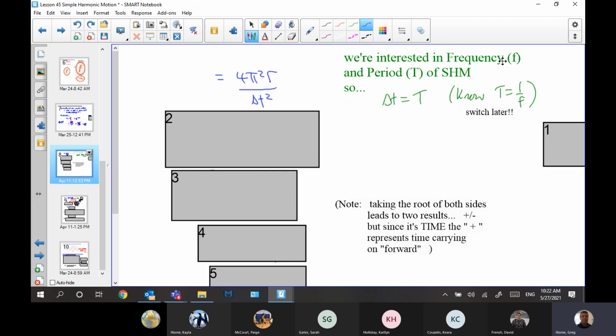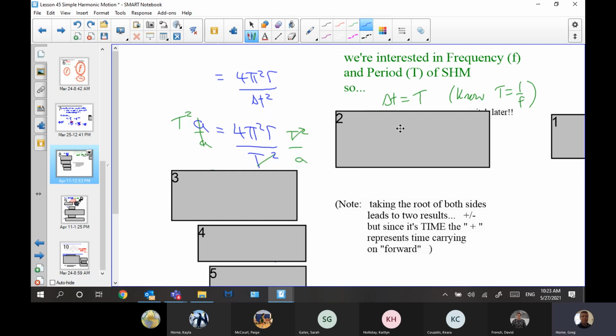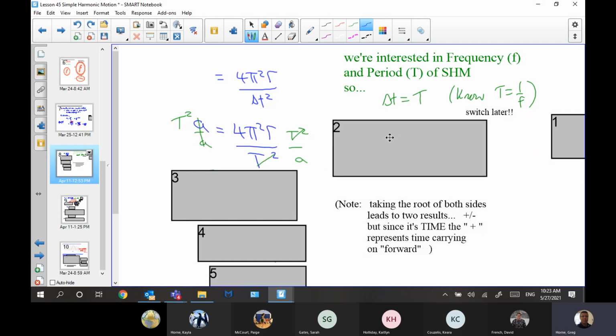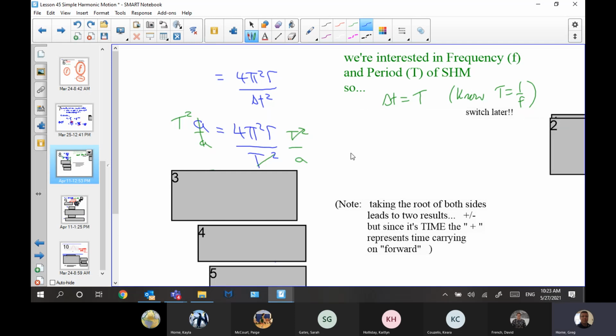Okay. So we're interested in finding the frequency, right? The frequency of periodic motion, and of course the period of simple harmonic motion, and so on. The time for a full circle is the period, and we know period is 1 over f, so we can just swap that out later on. The delta t is really just the period, so change that to be period squared.